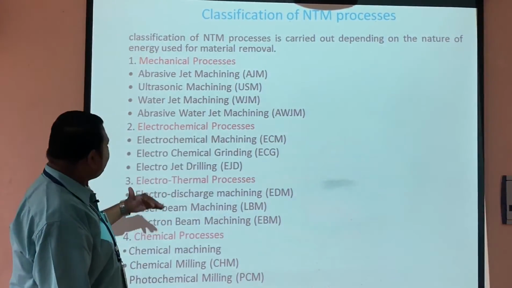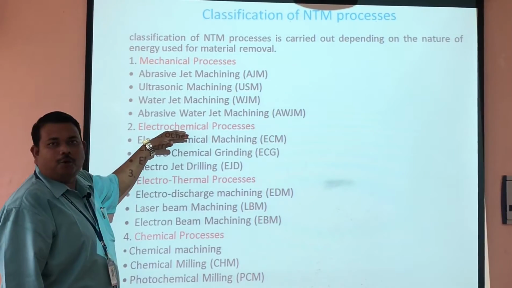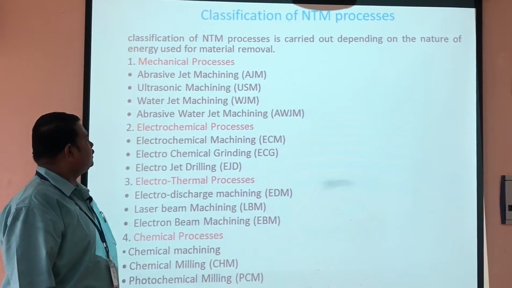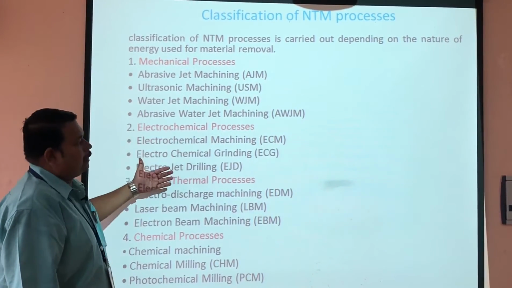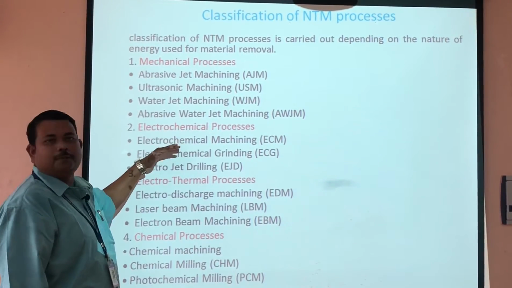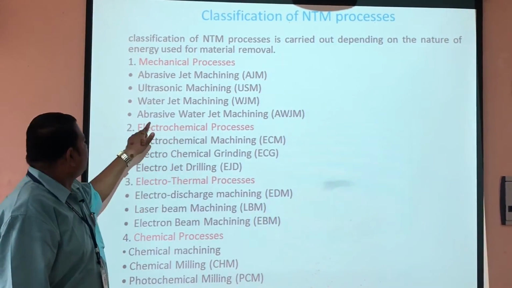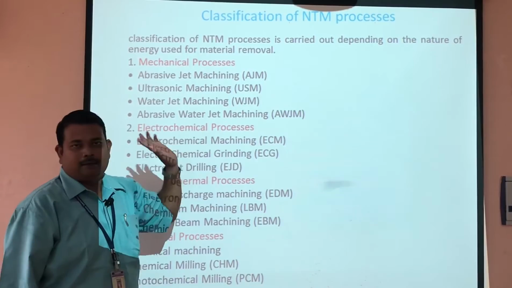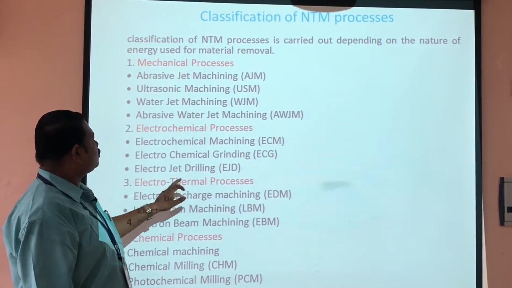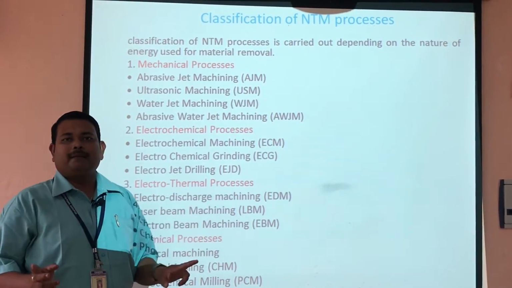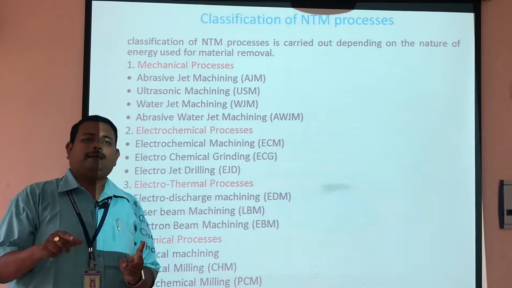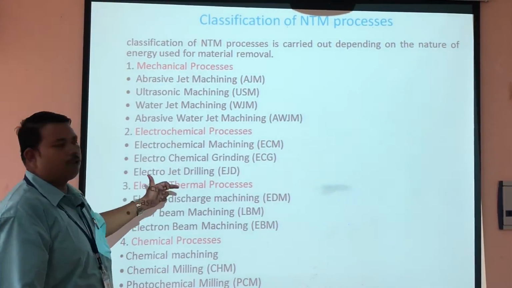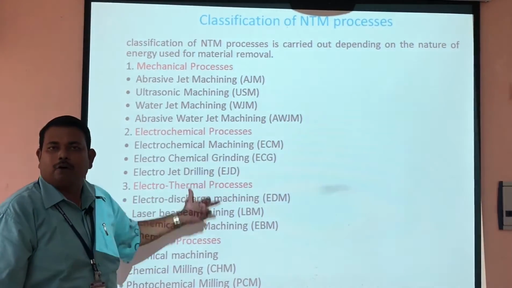If we go to the second energy domain, that is electrochemical machining, here there are a lot of classifications of machining processes which come under the electrochemical energy domain. Then last one is electrothermal process, which is the combination of electricity as well as thermal energy in order to remove the metal in the following process.